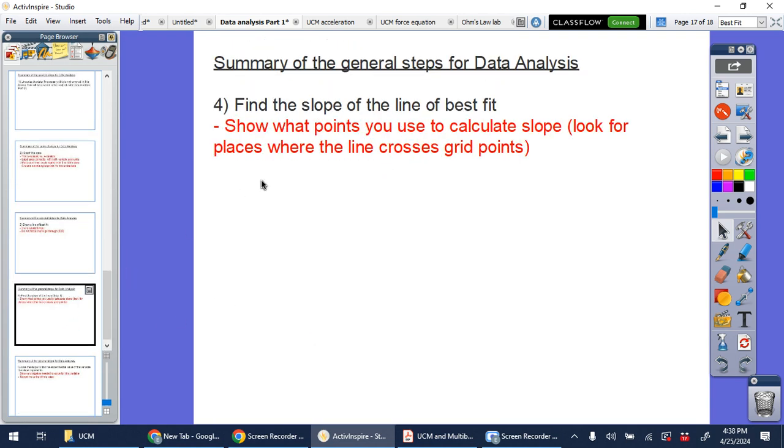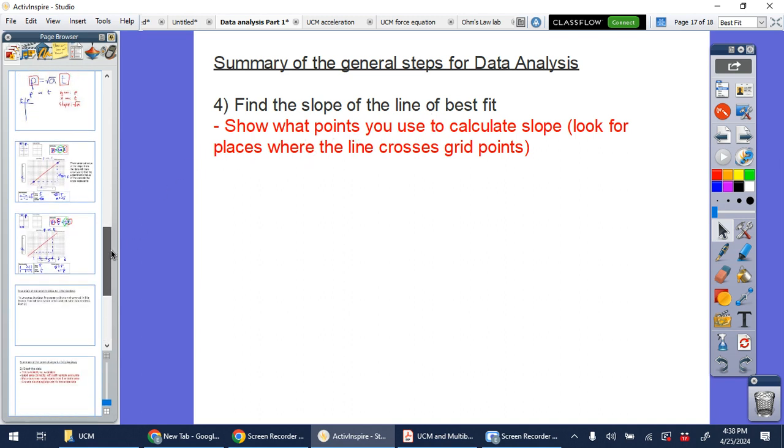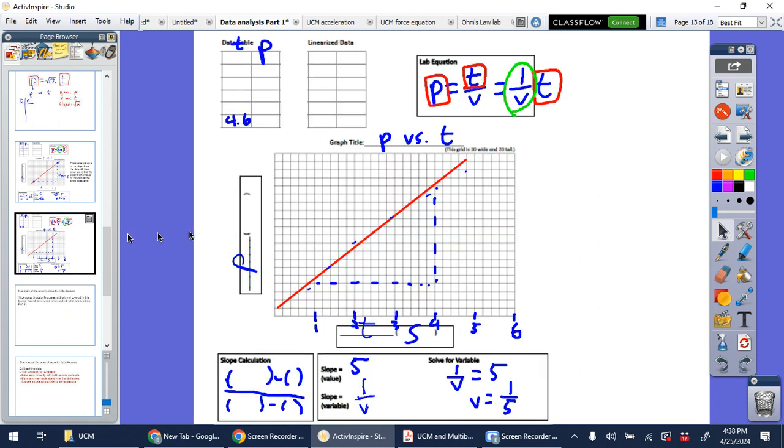Next, you're going to find the slope of the line of best fit. Remember how many points it requires to find the slope of a line? 2 points. You always need to show which 2 points you chose to find the slope of a line. Okay? And what you're looking for, once again, do not use data points, because those data points have random error in them.